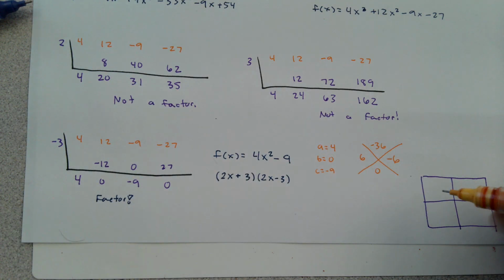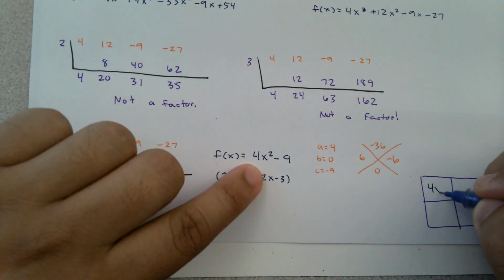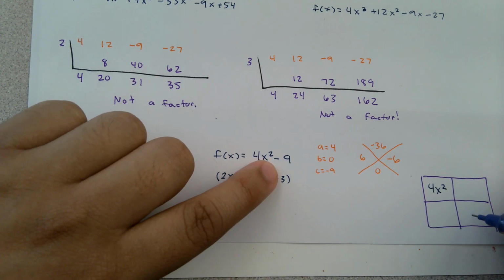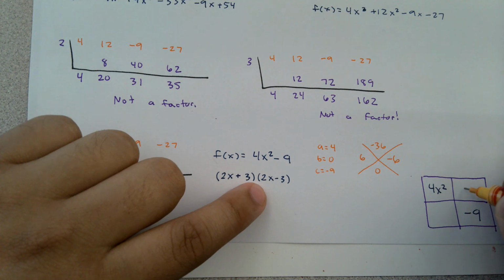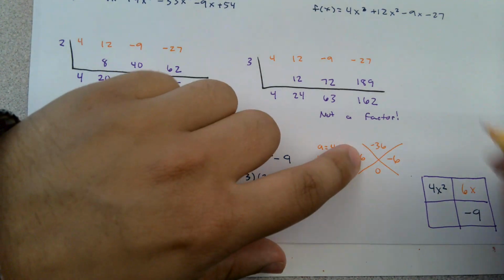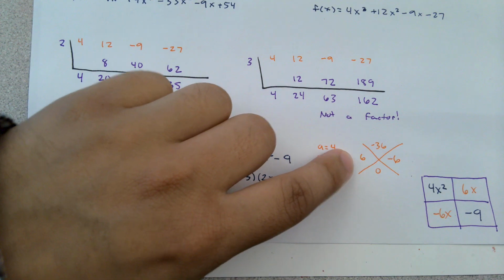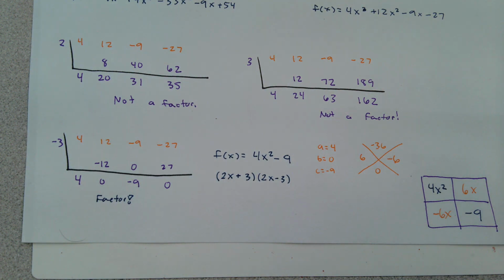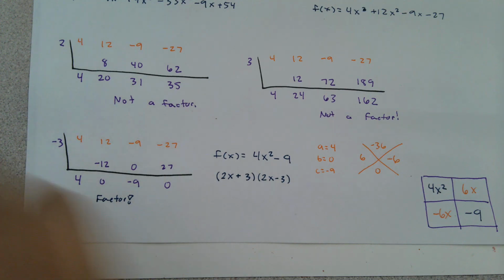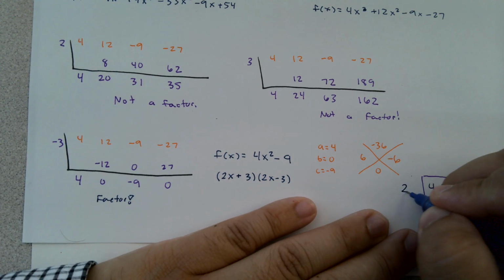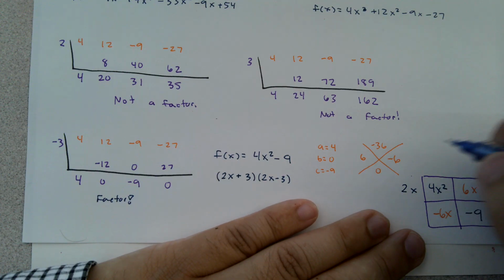In the top left goes ax squared, so 4x squared. In the bottom right goes c, so negative 9. And then here goes 6x, the answers to the diamond problem, and negative 6x. Now the greatest common factor between 4x squared and 6x is 2x. And now 2x times what is 4x squared?